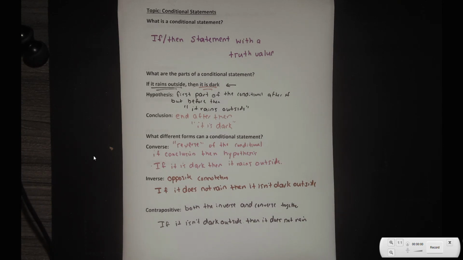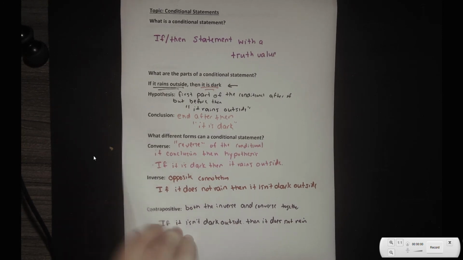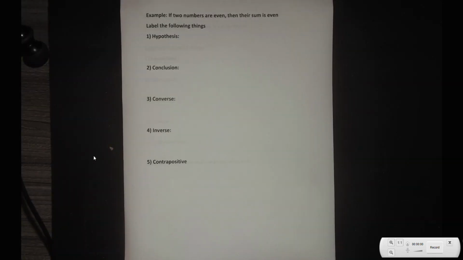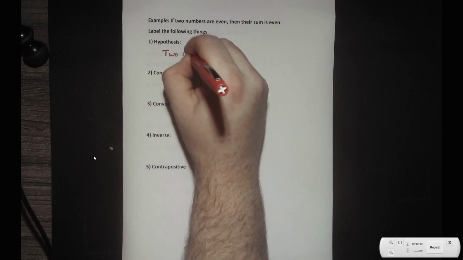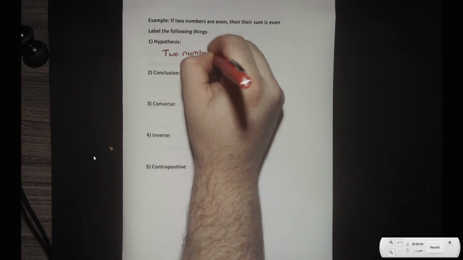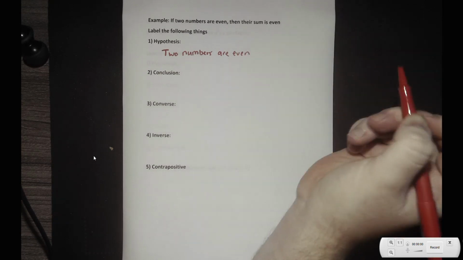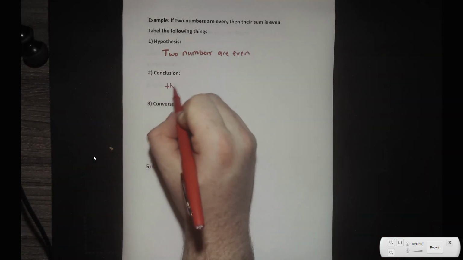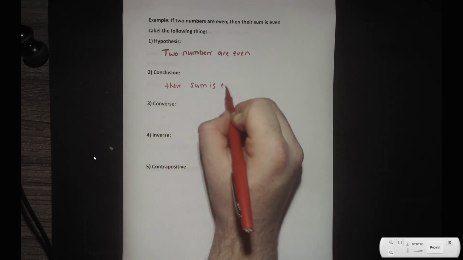Alright, let's take a look at it one more time. So we got all of those different forms right there. So let's see, I've got if two numbers are even, then their sum is even. The hypothesis would be two numbers are even. Conclusion would then be their sum is even.